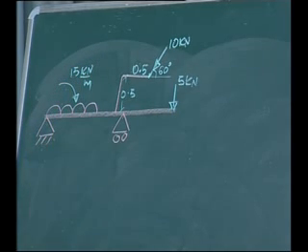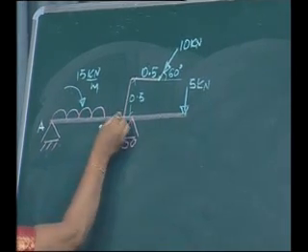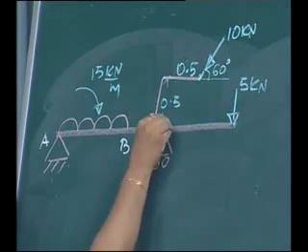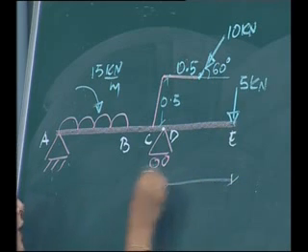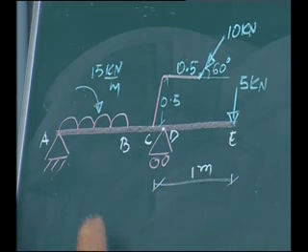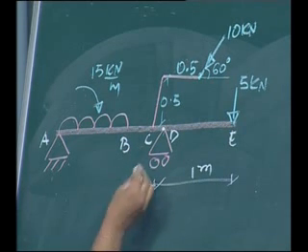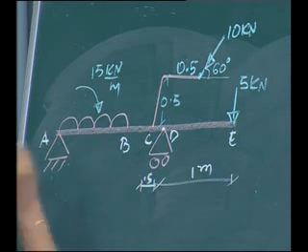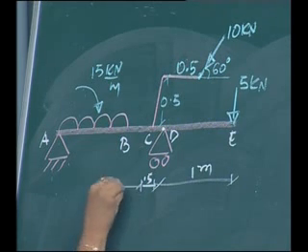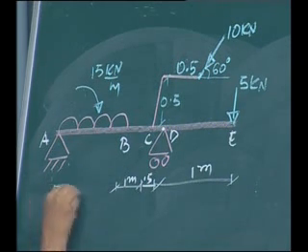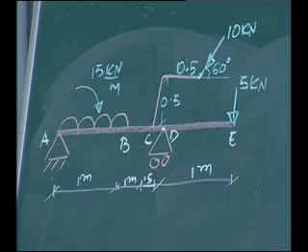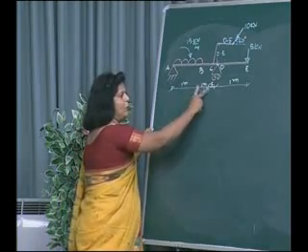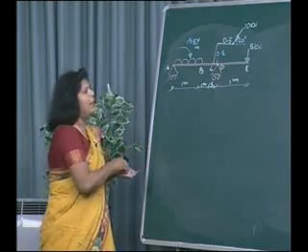So to start with, first of all we will name the points: this is A, B, C, then this point as D and E. The distance between D and E is 1 meter. The distance between D and C is 0.5 meters. Then the distance between B and C is 1 meter, and the distance between A and B we take as 1 meter. Sorry, the proportion for 1 meter here is drawn smaller, but anyway.